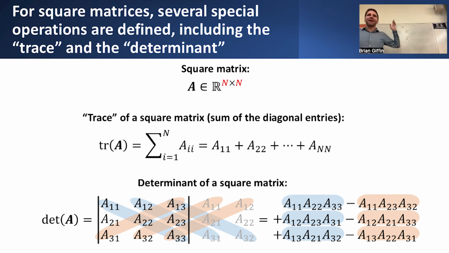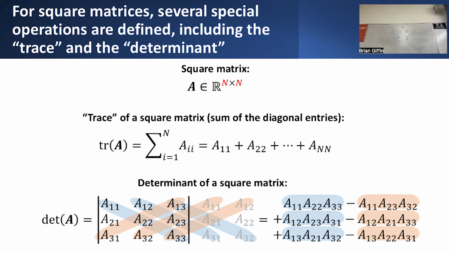In the case of a 3x3 matrix, as shown in this example, the determinant has an interesting interpretation. It's the sum of all the products of these diagonal terms, all summed together, minus the product of all these other diagonal entries.